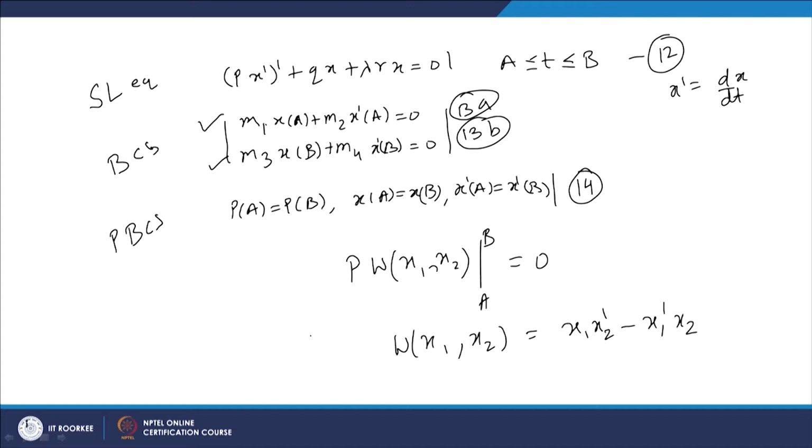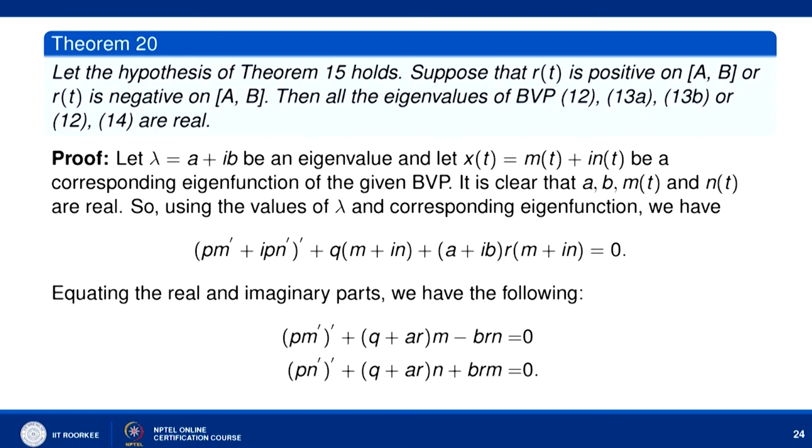Now we are discussing one more important property of eigenfunctions of the Sturm-Liouville problem. Let the hypothesis of theorem 15 hold, which is the existence of eigenvalues and eigenfunctions, and also suppose that R(t) is positive on the entire interval [a, b], or R(t) is negative on [a, b].